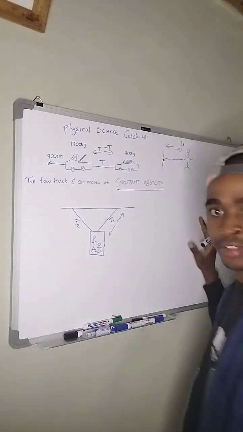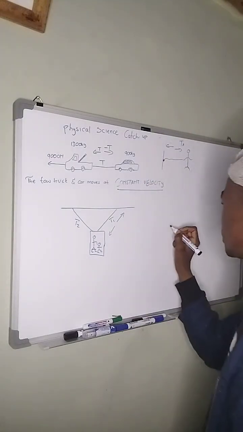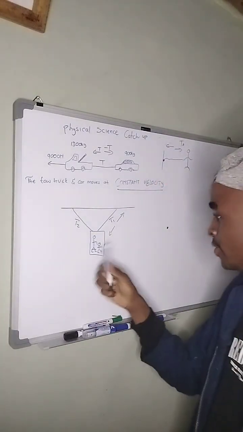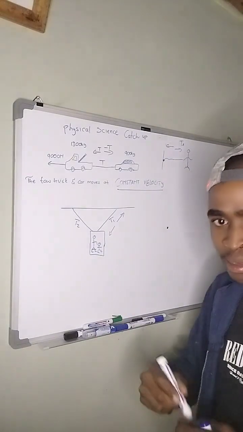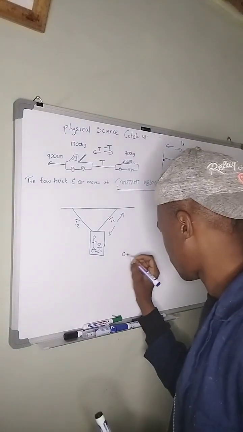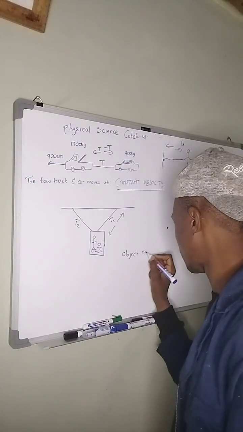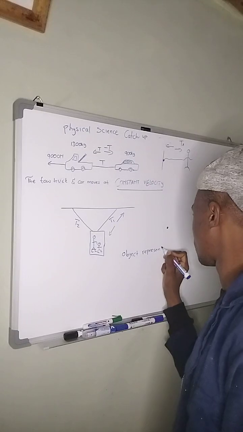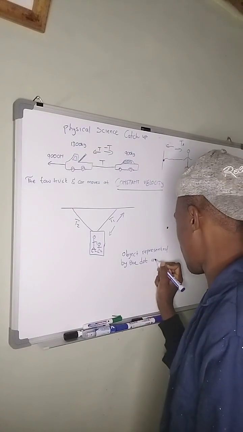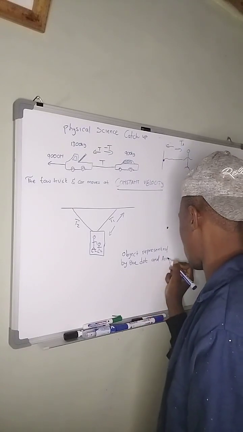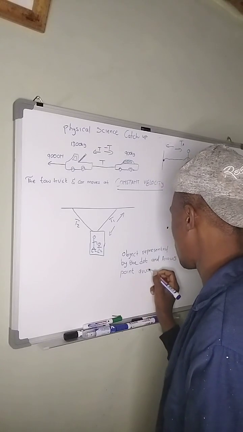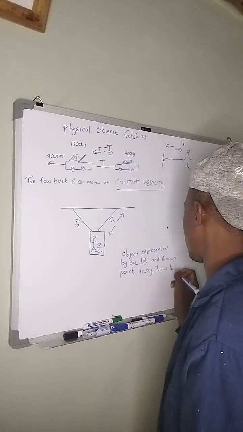Let me write the definition of a free body diagram: the object is represented by the dot and arrows pointing away from the dot.